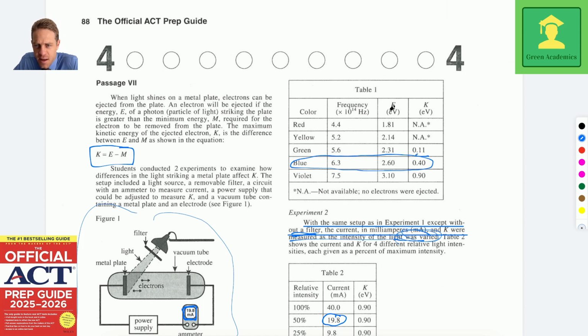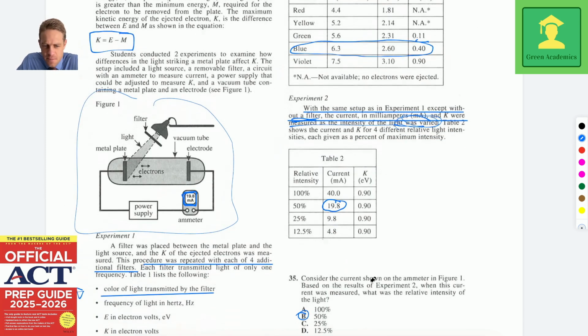Let's see. If K is E minus M, then 0.4 is 2.6 minus M. And if you subtract the 2.6 from both sides, you're looking at negative 2.2 equals negative M. So M is 2.2.